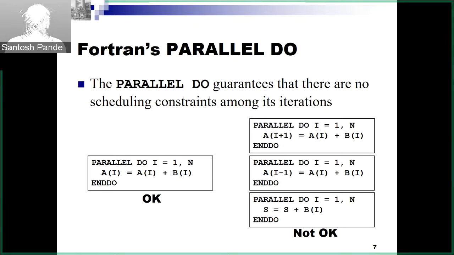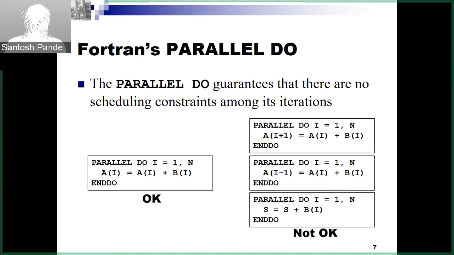So here is a good example of simple cases where we check whether parallelization of different iterations works, using these concepts. Look at the left-hand side loop here: A[i] = A[i] + B[i].